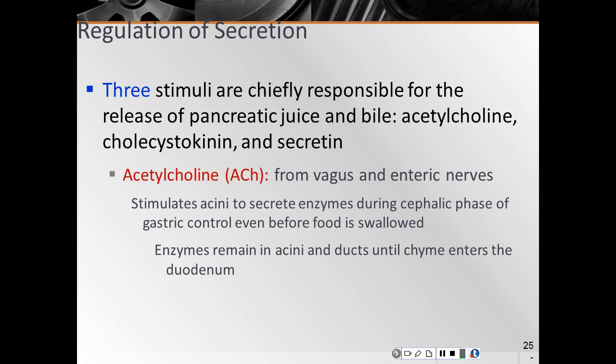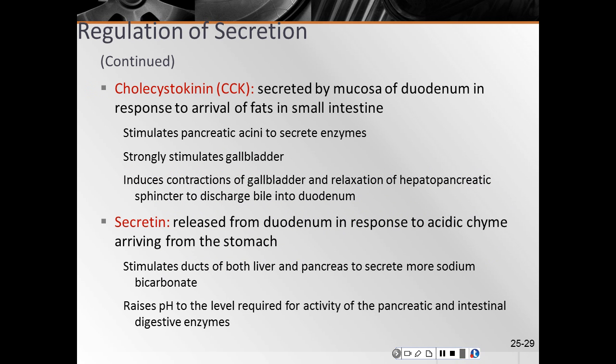Now, these enzymes are going to remain stored in the pancreatic acini and the ducts for release when chyme enters the duodenum. So they're stored until that chyme is there in the duodenum. Now, the CCK is secreted by the mucosa of the duodenum and proximal jejunum in response to fats in the small intestine.